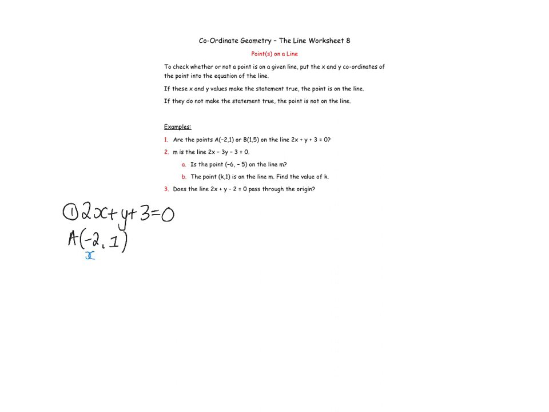We have here x and y, so we sub that into the equation. So it's 2 times -2 plus 1 plus 3. Now, 2 times -2 is -4, plus 1 plus 3, which is going to be 4, is equal to 0. -4 plus 4 is equal to 0, so 0 is equal to 0. So this statement is true, so it's on the line.